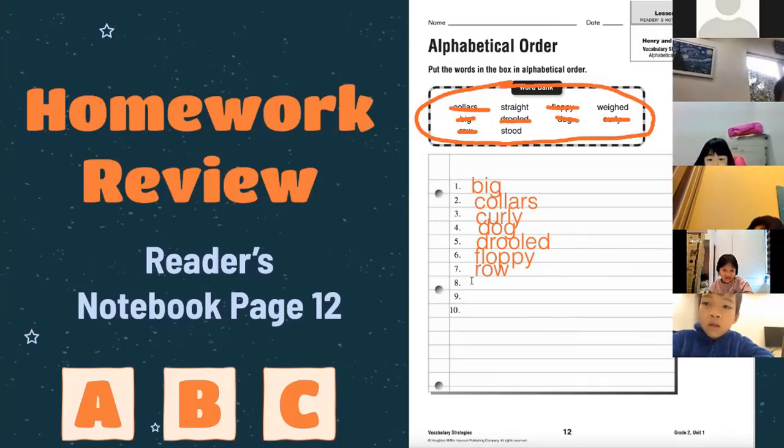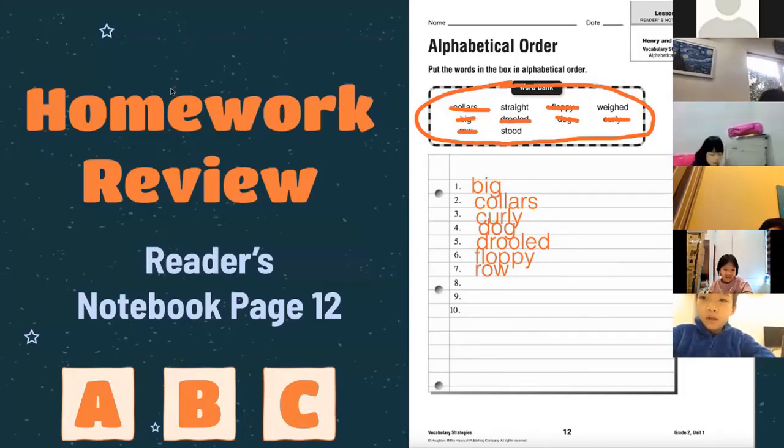So we have R A and O. So which comes first? A. So we're looking at the third letter. So the third letter in straight is an R, and the third letter in stood is an O. So out of an O and an R, we're looking at the third letter in straight and the third letter in stood.